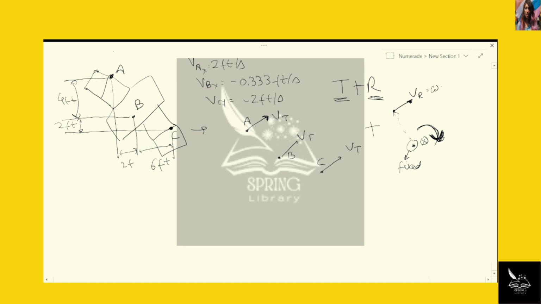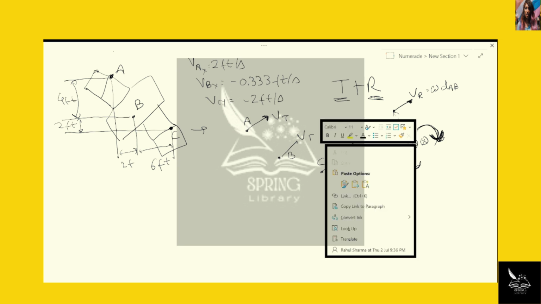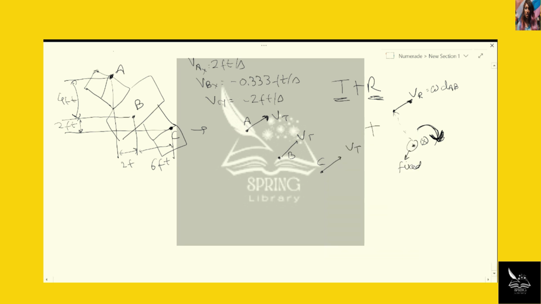This will be omega times the distance between A and B, so let's call this DAB. And then about point B, the radial velocity is 0. Angular velocity is always omega about all the points.